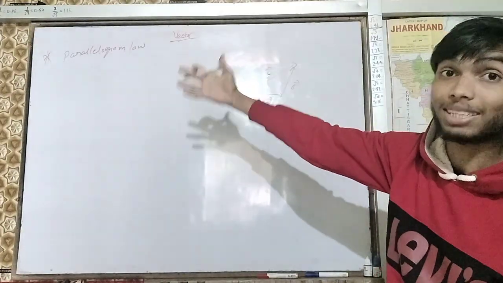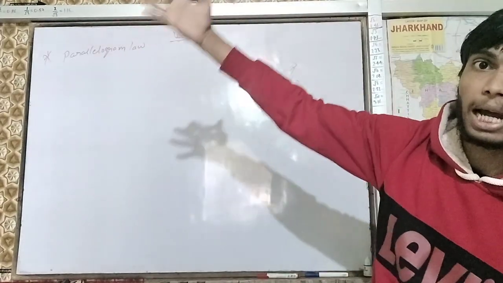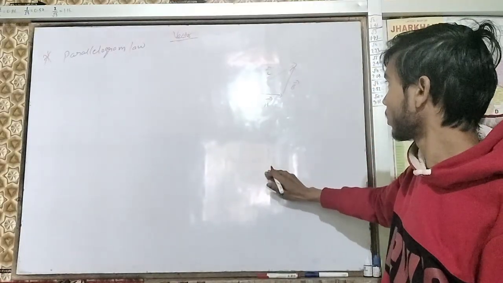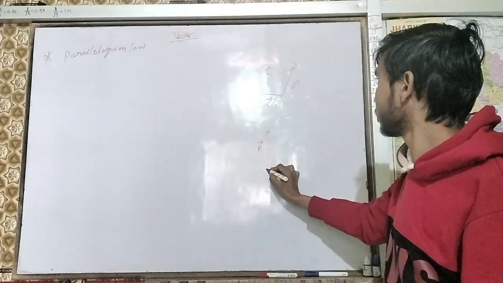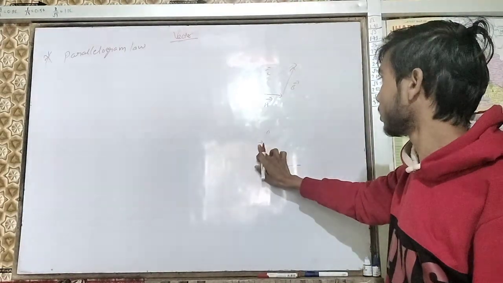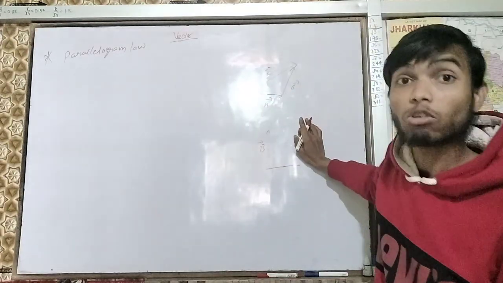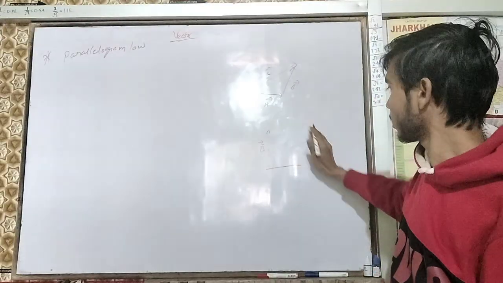Parallelogram means there are four vectors including diagonal vector. We shifted this B without changing its direction, without changing its magnitude, which is valid.